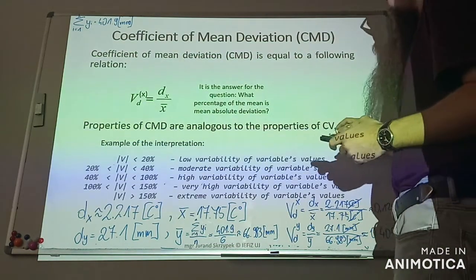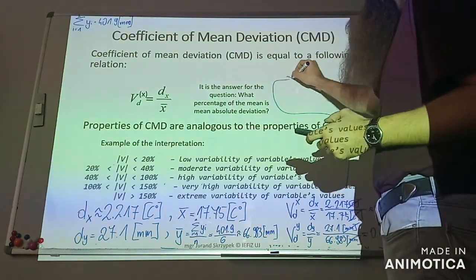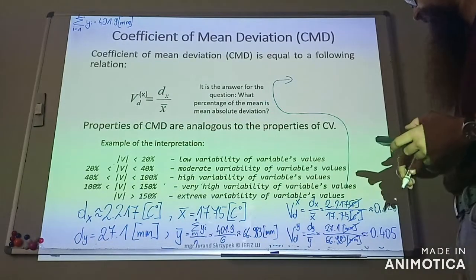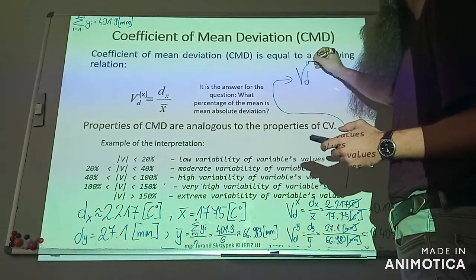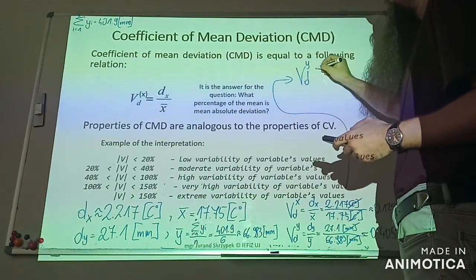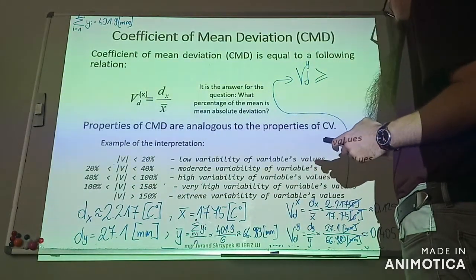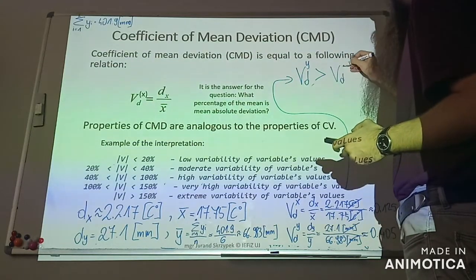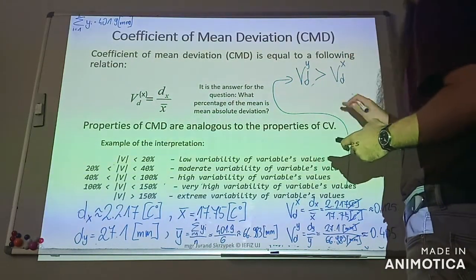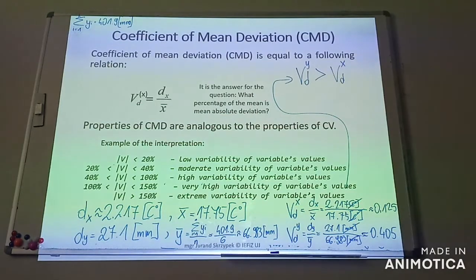Okay, and the main conclusion is the following. Vdy is remarkably higher than Vdx. What does it mean?